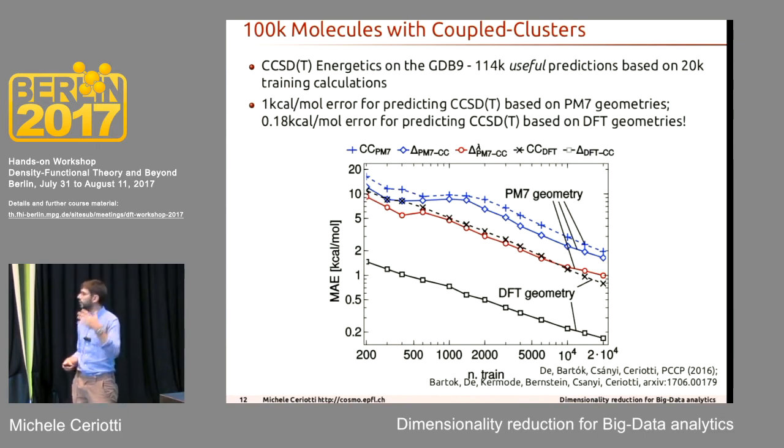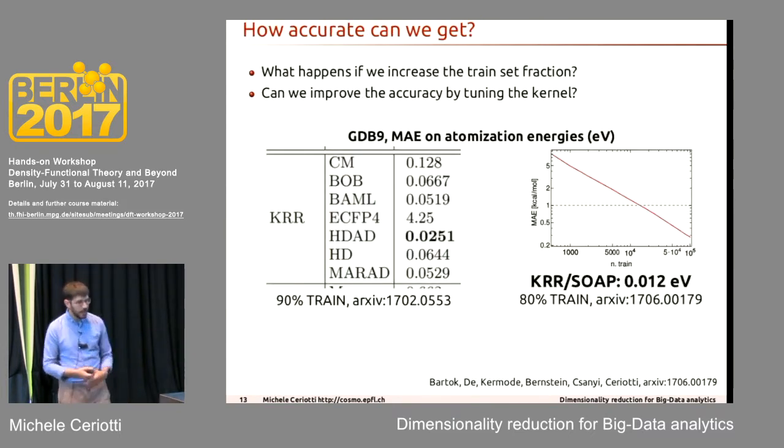Consistency check on databases that go into machine learning models is extremely important because machine learning models are extremely sensitive to inconsistencies. And then I just want to show you a little bit what's the limit of accuracy that you can reach with this kind of techniques.